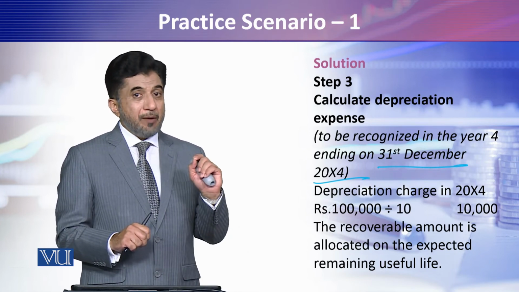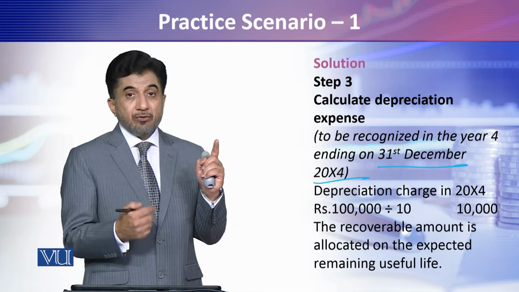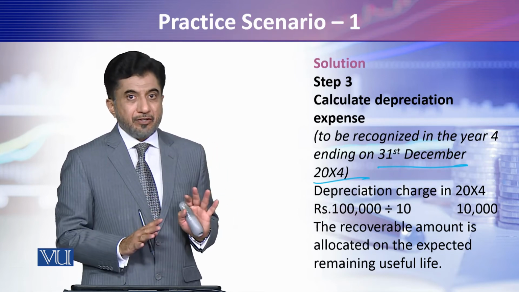How much was the amount at the beginning of the year appearing in the balance sheet or in the asset account on that date? That was adjusted to 100,000, remember.